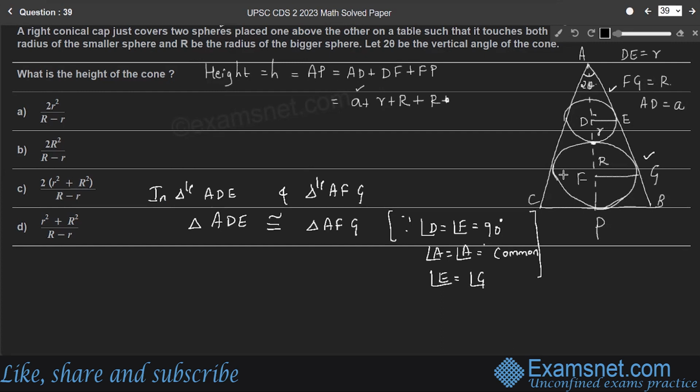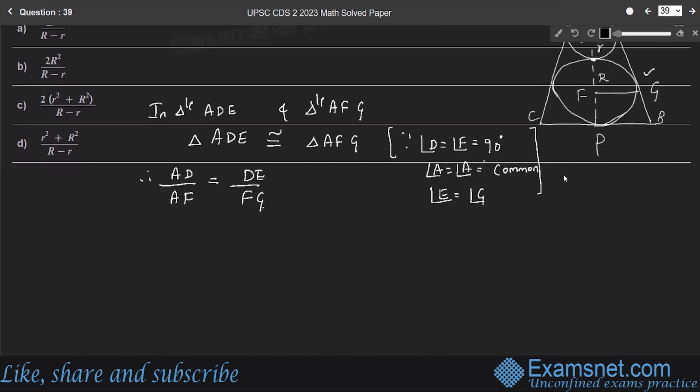When two triangles are similar, then the ratio of their corresponding sides are equal. Therefore, we can take the ratio of their sides AD to AF. Since AD is small a, you can find small a now. AD to AF is equal to DE to FG, right? So the ratio of corresponding sides are equal.